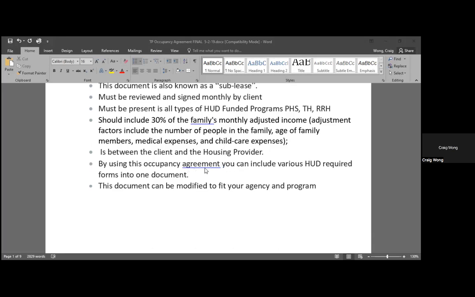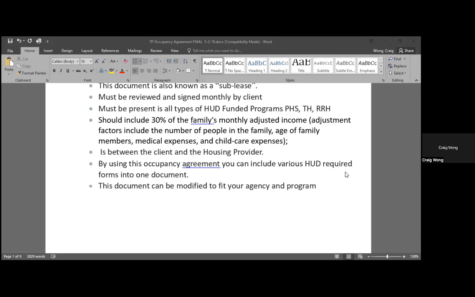One of the great things that I love about this agreement is that it includes some of the other mandated forms, as we discussed previously: the VAWA sublease, the fair housing guidelines, the correct termination proceedings.